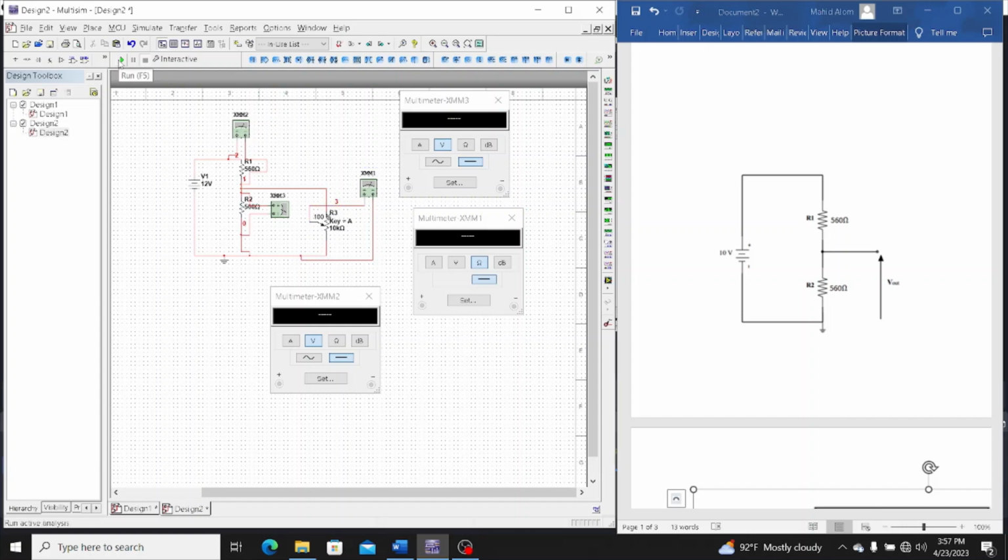Now I am going to run this, and if I change this, then I am going to get different voltages.